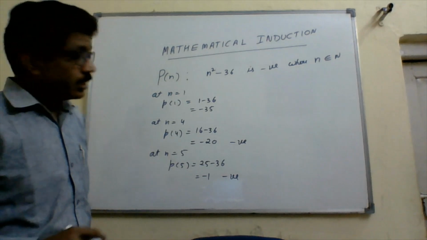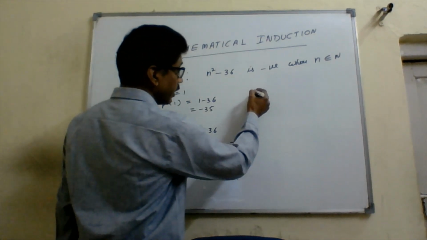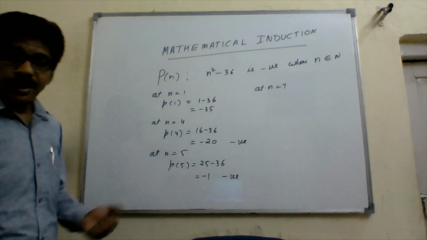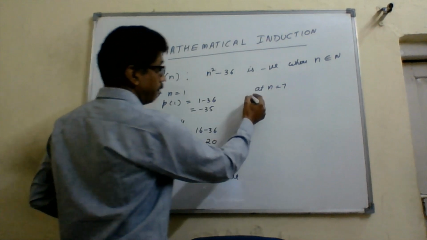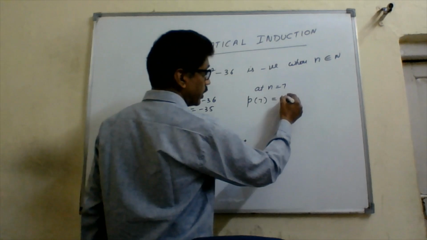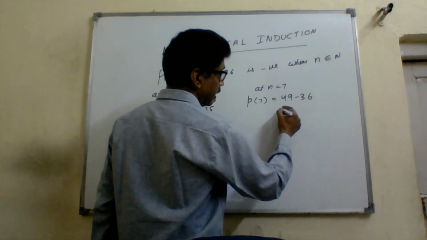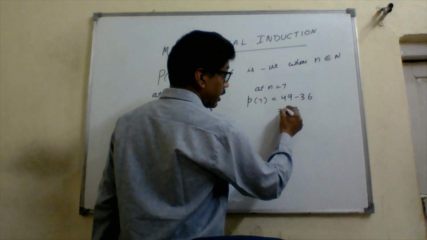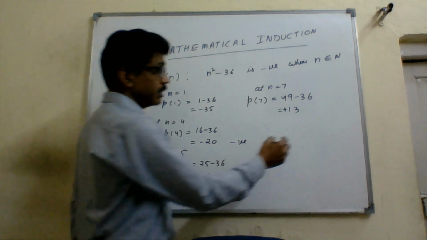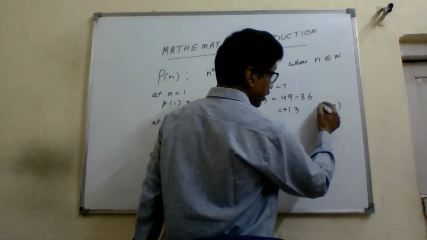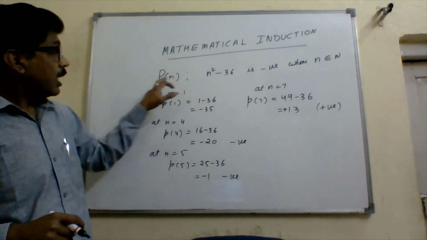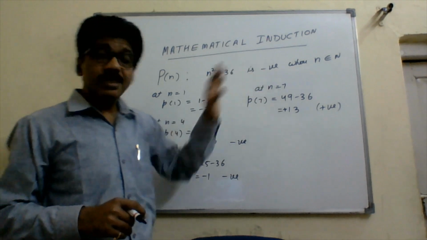Let us consider some other natural numbers, for example, n is equal to 7. If we take n as 7, then P(7) is 7 square, which is 49, minus 36. So this gives you plus 13. That means this is positive. But the statement says that n square minus 36 is negative.